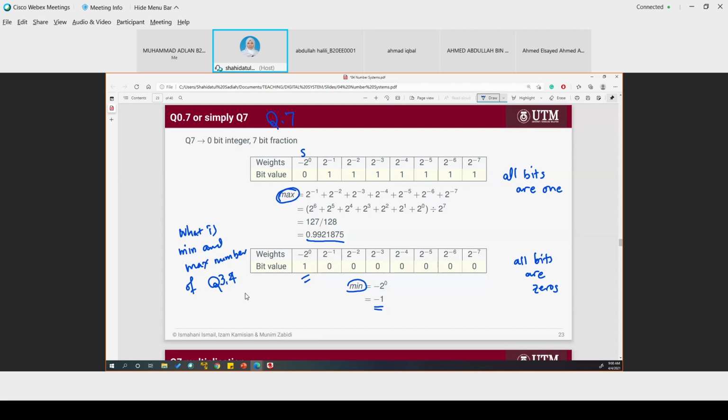You have to calculate when all bits are 1, what is the biggest integer and the biggest fraction that could be calculated when the number is positive. Okay, sign bit is 0. And then what is the smallest integer and fraction when the number is negative. So that will be the minimum.